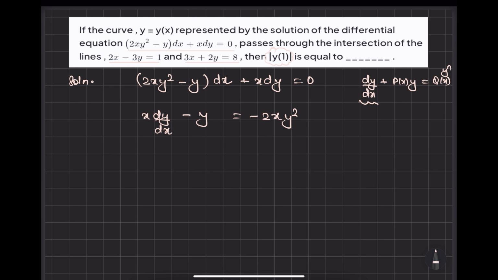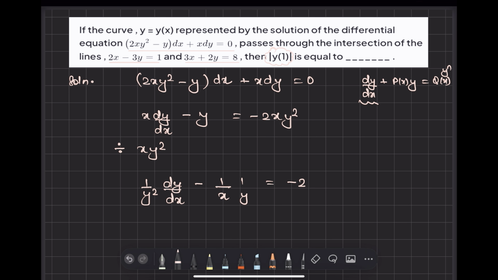So what we will do, we will get rid of that x, that y square, and we also want dy by dx to be free from any variable. So can I divide both sides by x y square? Look at what will happen. We will have 1 by y square dy by dx minus 1 by x times 1 by y, and then minus of 2.